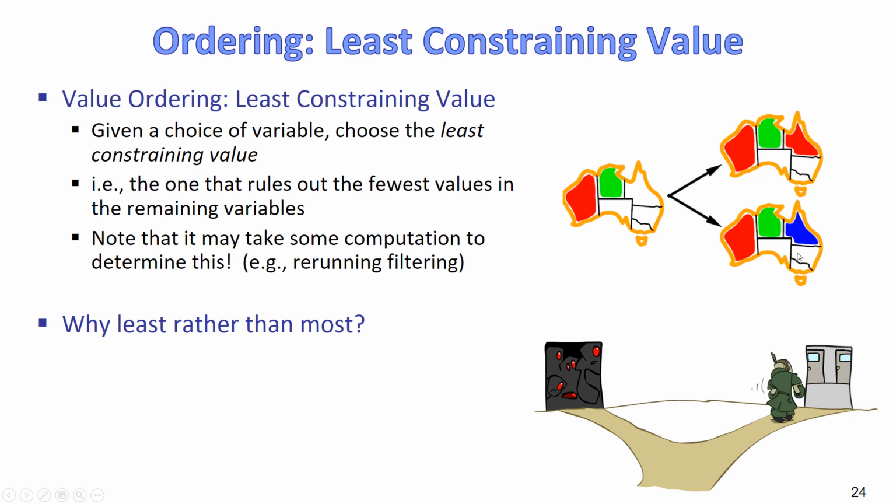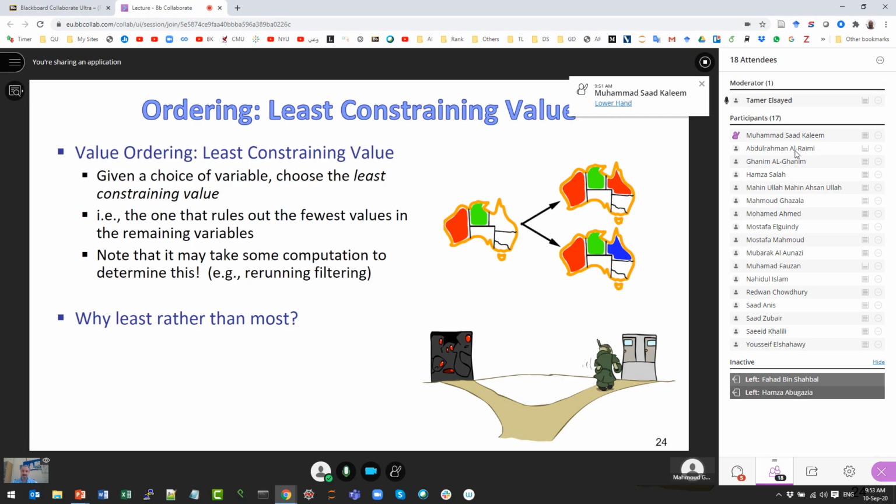And for green, we need to remove 4 values from the unassigned variables. So red is less problematic than green, because if we choose it, we have more options remaining in our solution. So in that case, we will select this one because it has fewer removals of other values. Is that clear now, Mahmoud?